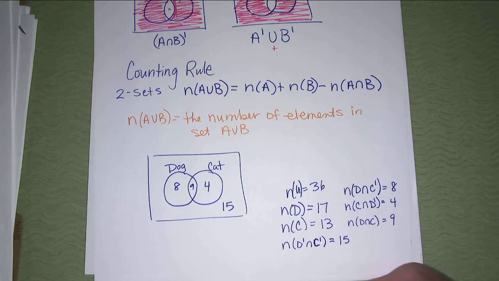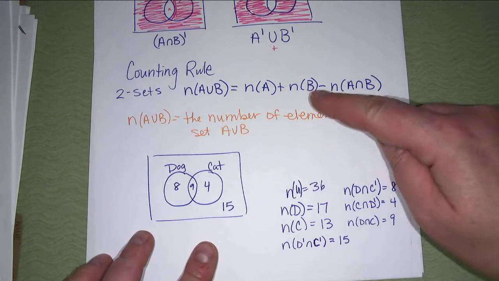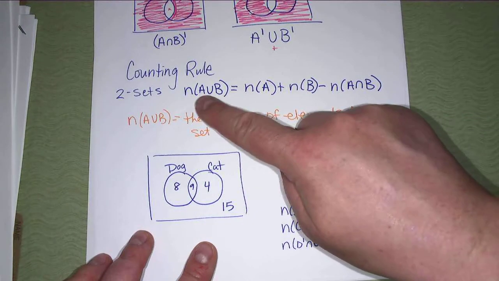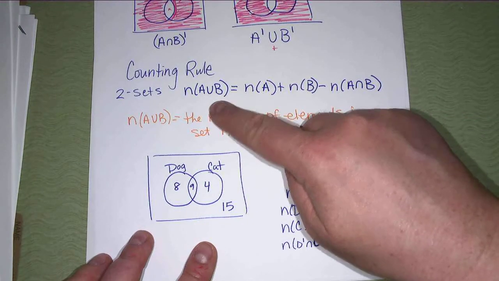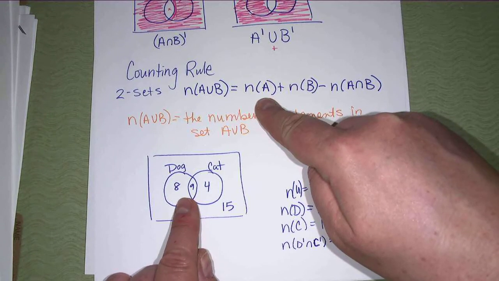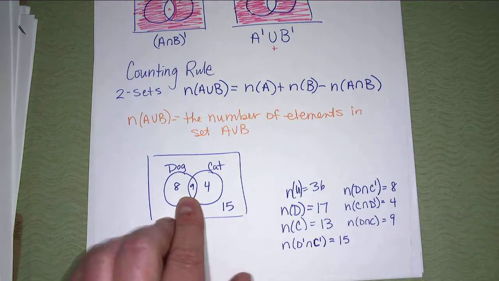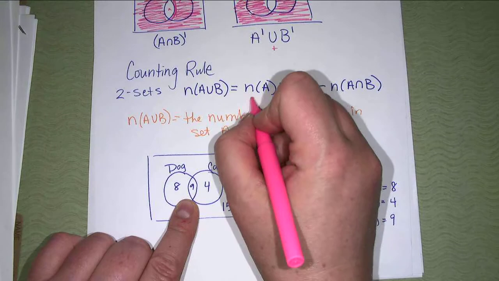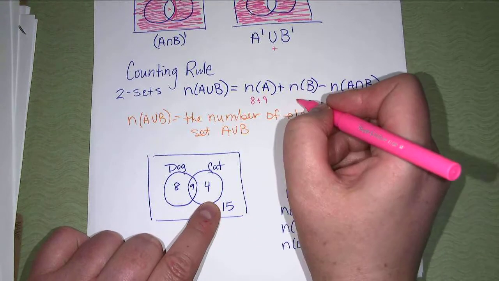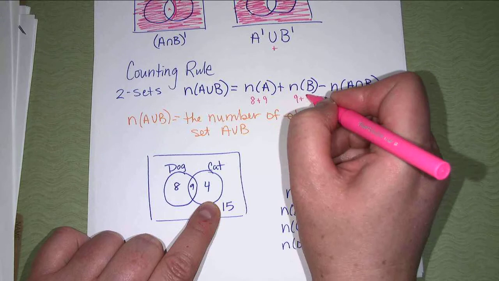All right, so what's this counting rule up here? This is saying the number of people that own dogs or cats is equal to the number of people that own dogs, so that would be 8 and 9, right? Let's not add them. Let's say, okay, this would be 8 plus 9, the people that own dogs, plus the people that own cats, which would be 9 plus 4. So what happened?